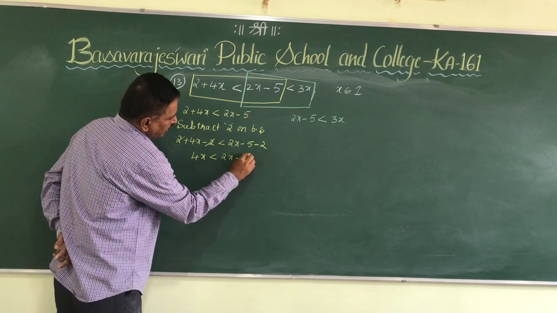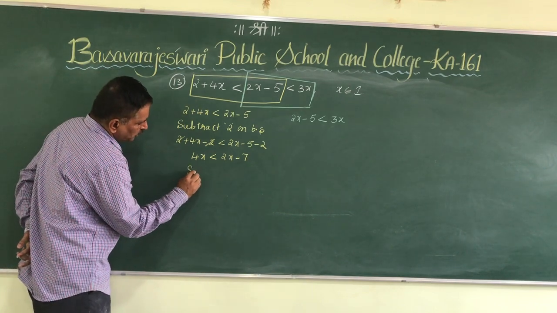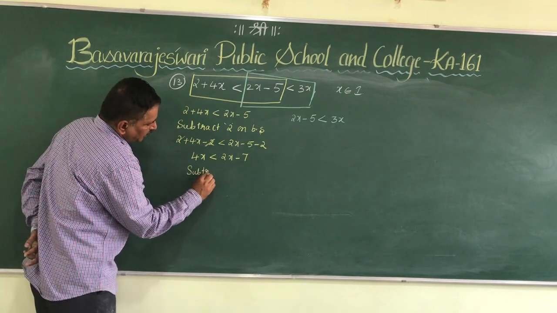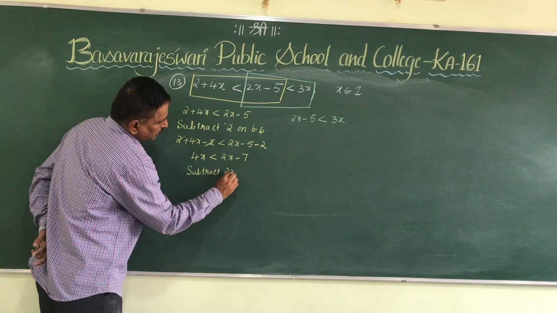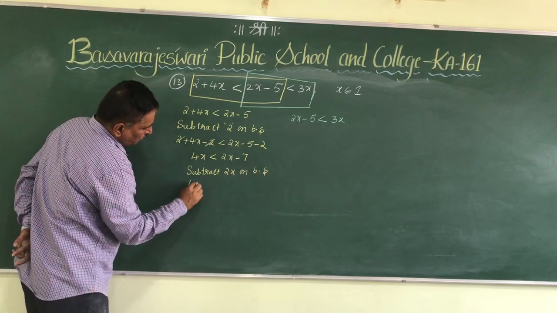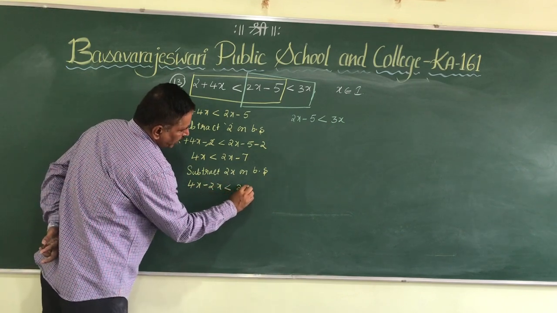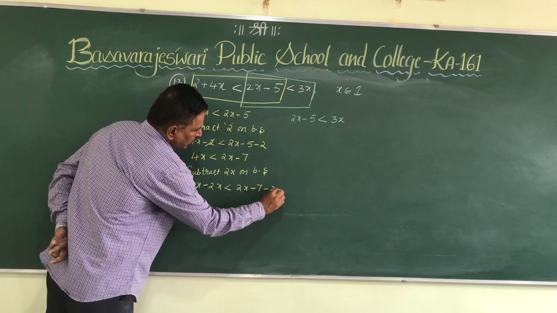2x minus 7. Then 2x this side. For that I have to subtract 2x on both sides. So thereby I will get 4x minus 2x less than 2x minus 7 minus 2x.